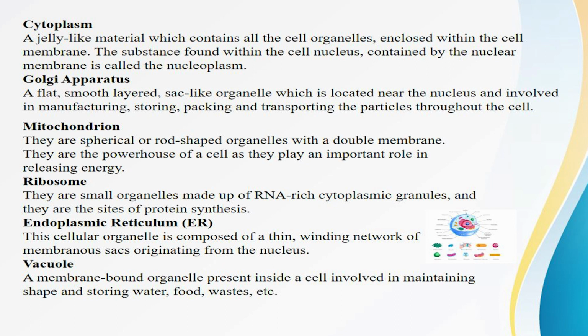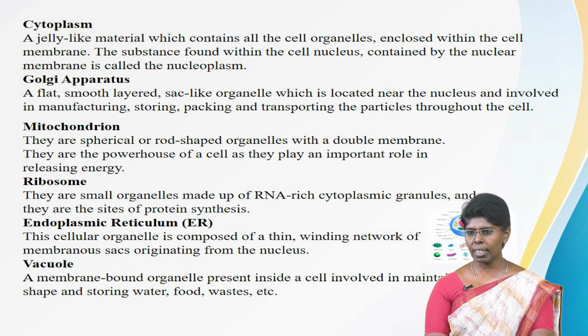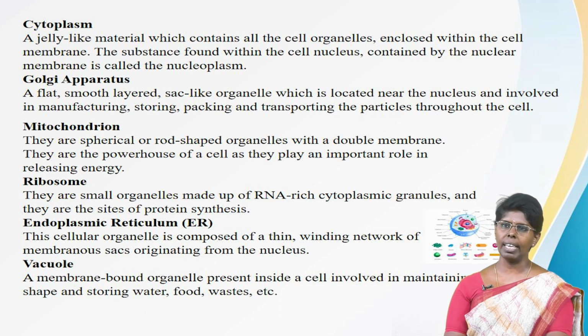The other one has a very smooth surface, so it is called smooth endoplasmic reticulum. What are vacuoles? A vacuole is a membrane-bound organelle present inside a cell. It is involved in maintaining shape and storing water, food, wastes, etc. These organelles are also given in this diagram.